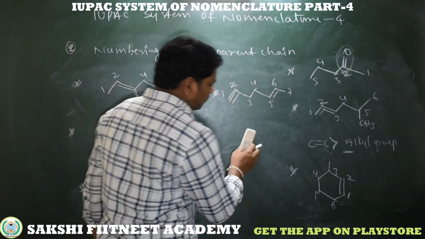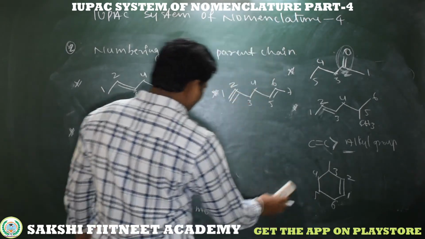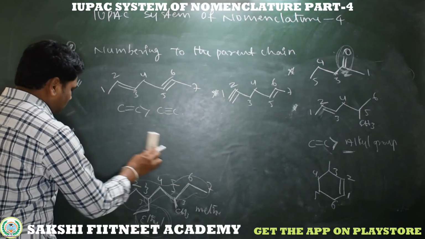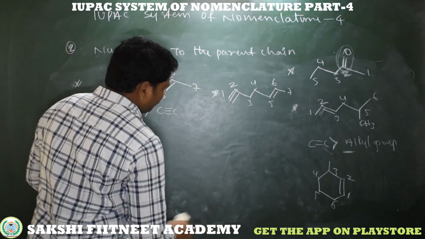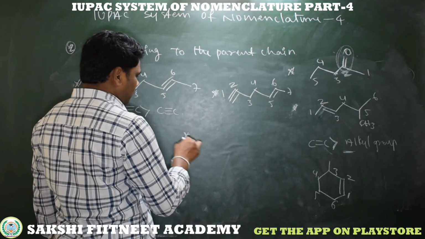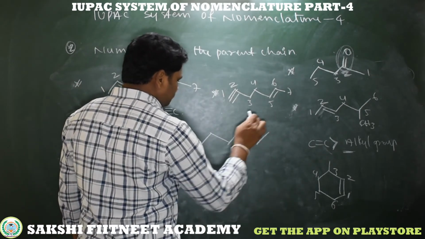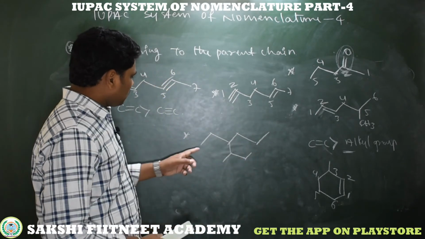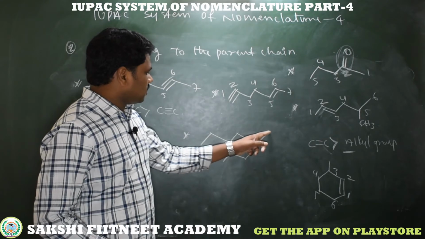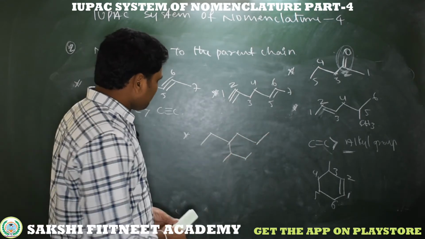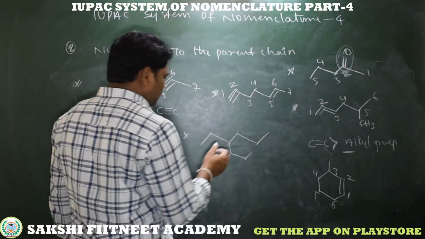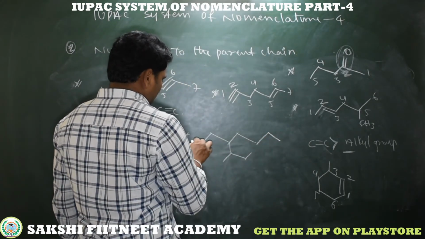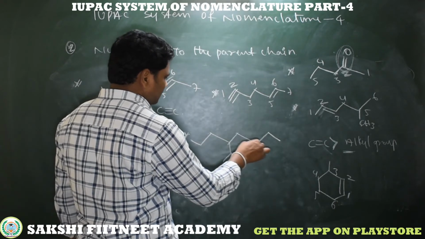Next, if the molecule shows branching in branching, that means the molecule has a branch, and on that branch we have another substituent. That is called branching in branching. Simple, the molecule looks like this. See here, 1 2 3 4 5 6, 1 2 3 4 5 6 7. To understand branching in branching better, I'm taking it like this: 1 2 3 4 5 6 7 8.